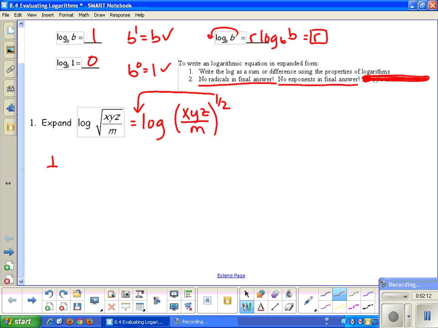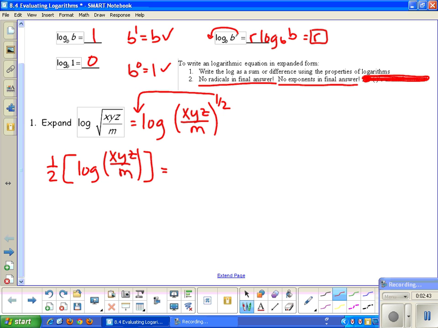If you bring it in front first using your power property, remember to put parentheses for everything that's going to be inside, because everything inside is going to get that 1/2. So now we have 1/2 times the log of xyz over m. Now I can still go, because anytime I have logs that are being multiplied, I can use my product property, which you add the logs together, or if I have something that's being divided, I can use my quotient property by subtracting the logs.